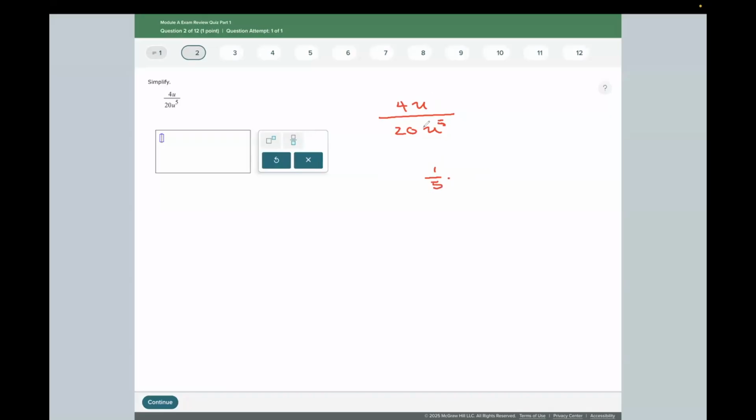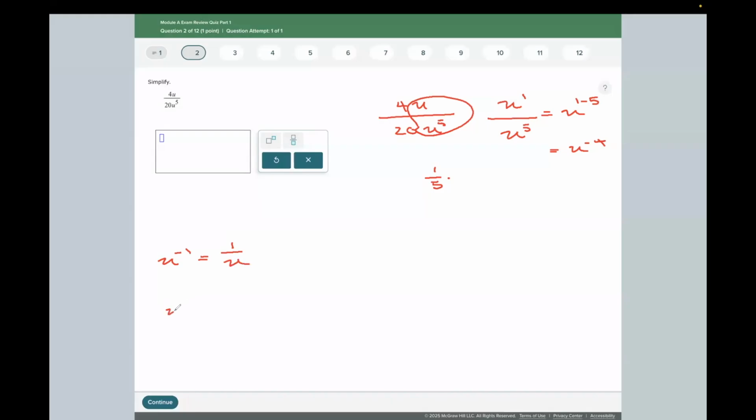And then to deal with the u's, think of this as u to the power of 1 over u to the power of 5. The rule for exponents is I subtract. So 1 minus 5, so this is u to the -4. Now, negative exponents, as a reminder, and this is something I've seen students struggle with a lot in this class, u to the -1 is notation for 1 divided by u.